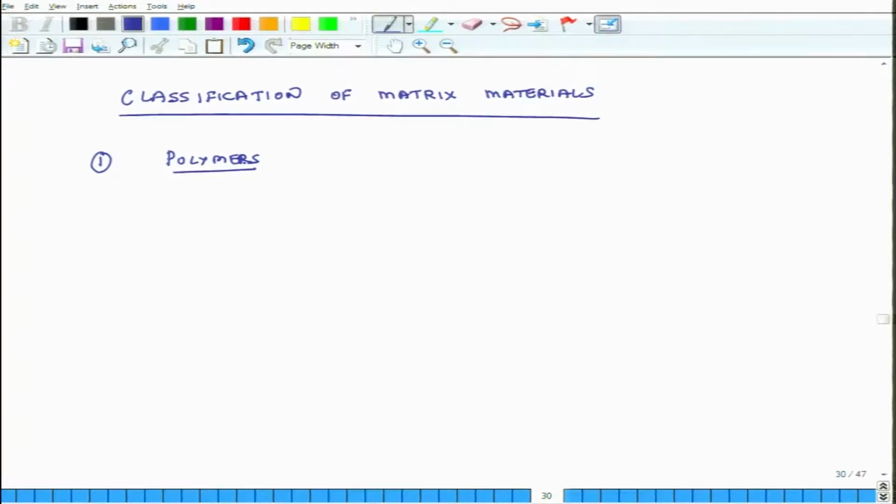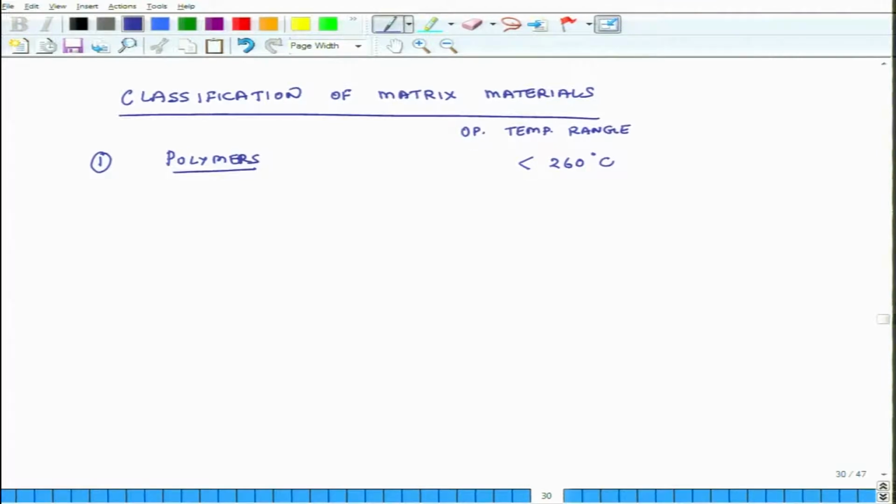Polymers are organic compounds, long chains, and matrices which are based on polymers rarely perform above 200 degrees centigrade. So, the operating temperature range is usually less than 260 degrees centigrade.